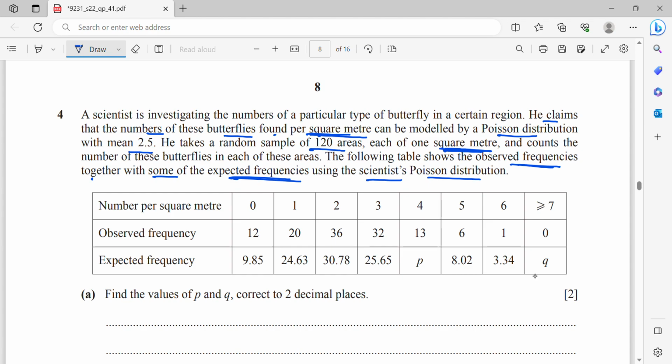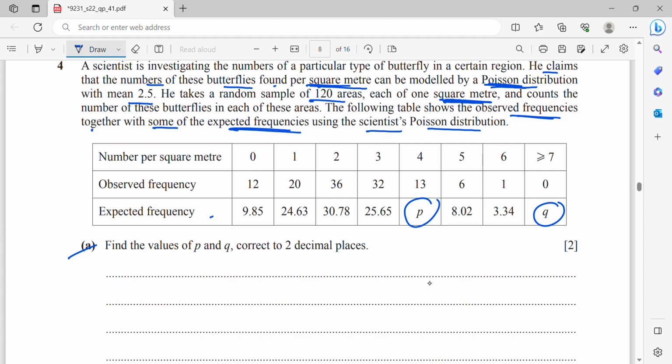Now from here you have two unknowns, P and Q, in the expected frequencies. So A, find the values of P and Q correct to 2 decimal places. Since the question says that it is Poisson distributed and the mean is 2.5, I will write X is Poisson.